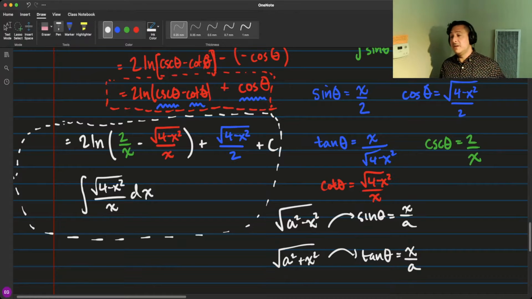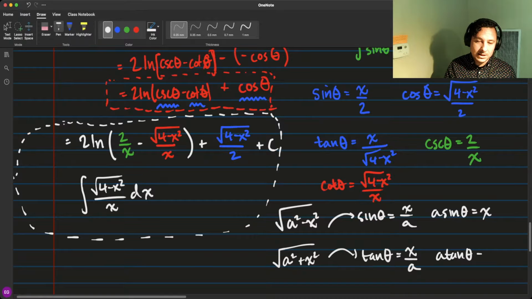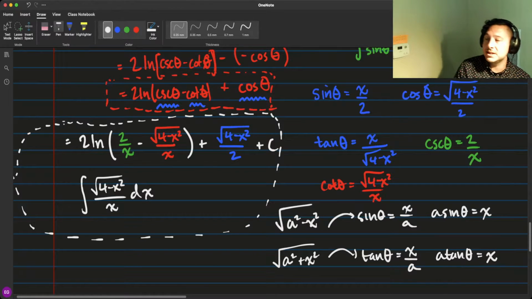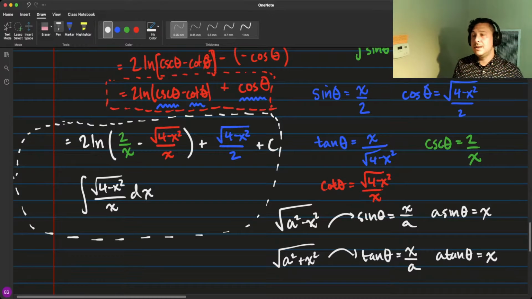You get rid of your x's with these substitutions, right? In this case sine theta equals x over a, or on the one below, tangent theta equals x over a. Then you replace the x's with thetas, you get yourself a trigonometric integral, and you integrate that using the stuff that we learned last time.